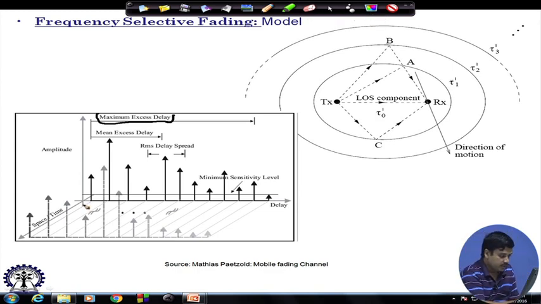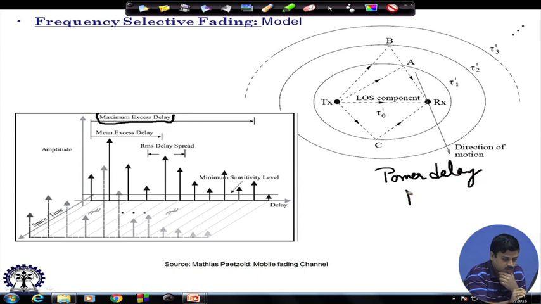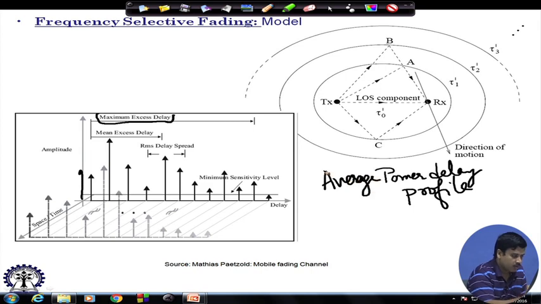If you look at this impulse response, it needs a certain way of describing it, and there is a method like the power delay profile, which we will look at. Power delay profile is a method of describing this impulse response. That means, what is the power, or the average power delay profile is the better term. What is the power at a certain delay, the average power.